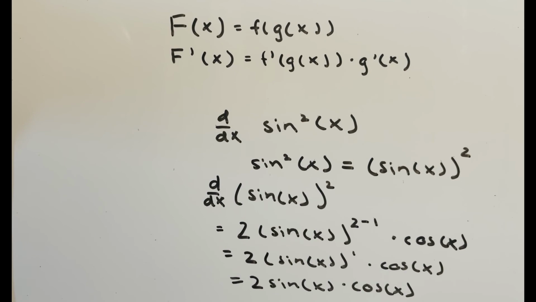This is our final answer. Our final answer, again, is 2 sine x times cosine x. So the derivative of sine squared of x equals 2 sine x times cosine x. Now, this is how we use the chain rule to be able to find the derivative of composite functions.